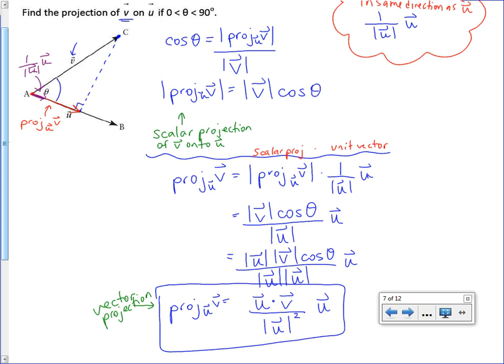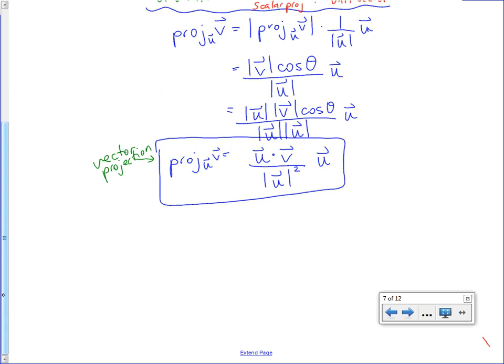You know how we did i and j? Those were the ones in the x and y direction. You just found a 1 unit long vector in the u direction. And if you have a 1 unit long vector and you multiply it by this, then you have the correct length and the correct direction, because you just put the correct scalar multiple on a 1 unit long vector. So take a look at that last formula, because that's the one you would need to use. Okay?